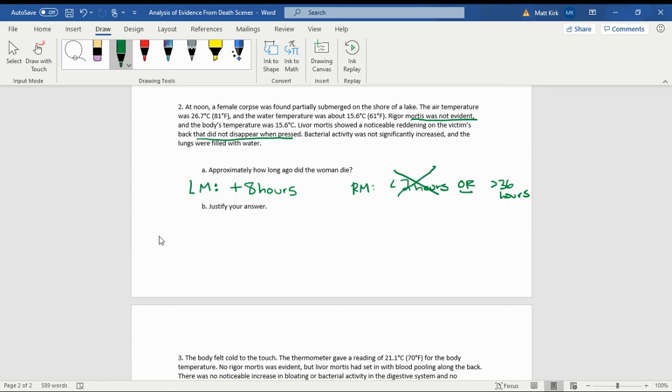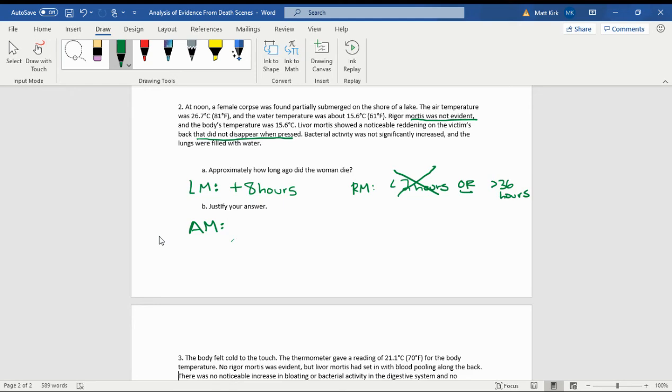So the rigor mortis PMI, again, not very helpful, greater than 36 hours. Let's maybe try our algor mortis here, see if that can narrow it down a bit more. Because again, these first 2 estimates, they tell us some information, but they're not the most useful. They're not the most descriptive.